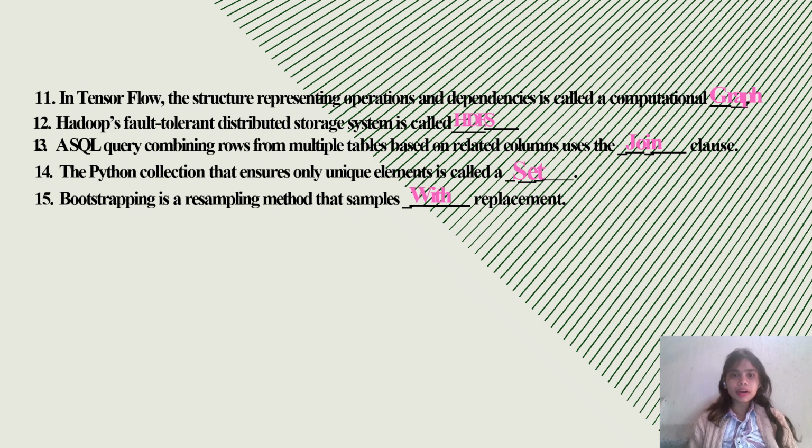A SQL query combining rows from multiple tables based on related columns uses the JOIN clause. 14. The Python collection that ensures only unique elements is called a set. 15. Bootstrapping is the resampling method that samples with replacement.